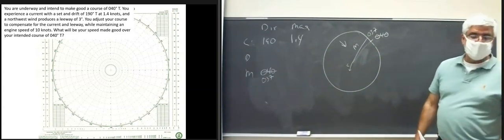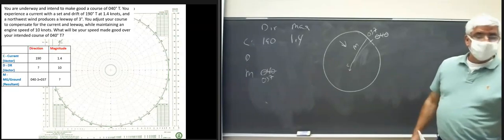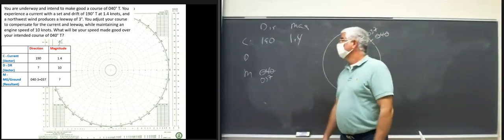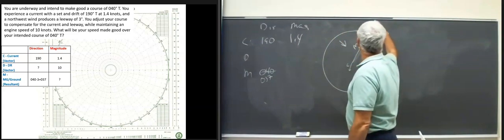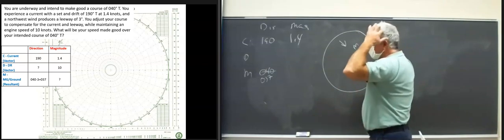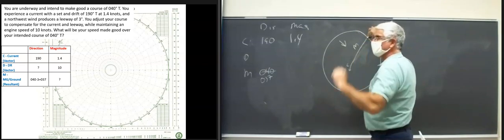Okay. So now we're going to plot that thing. Will you ever have a leeway or wind direction that's, let's say, a northeasterly wind? How would you do it then? If it was exactly opposite, then that would start to affect your speed made good.